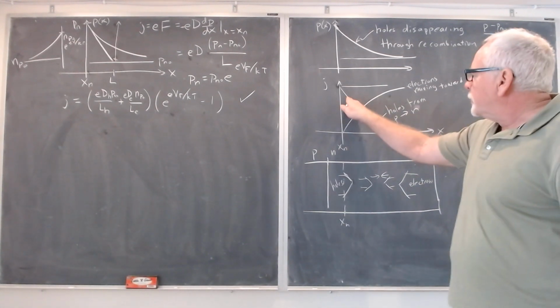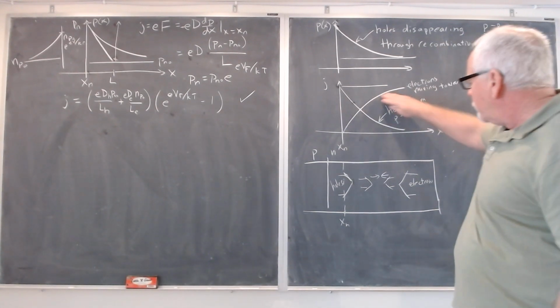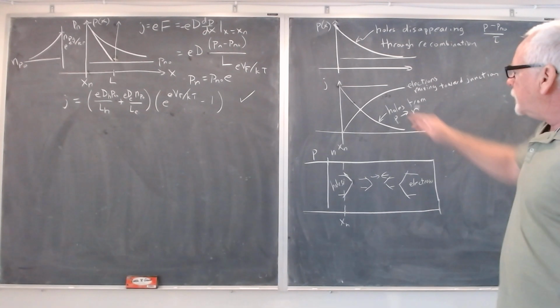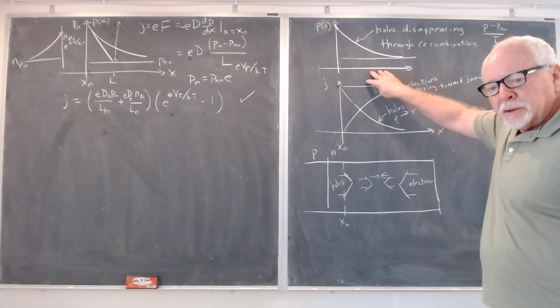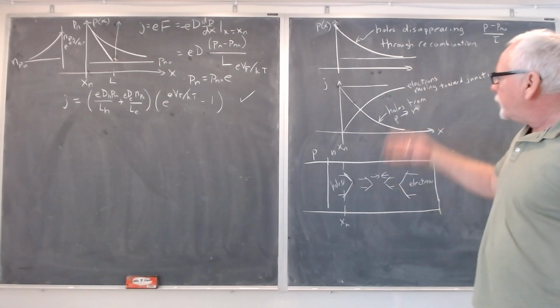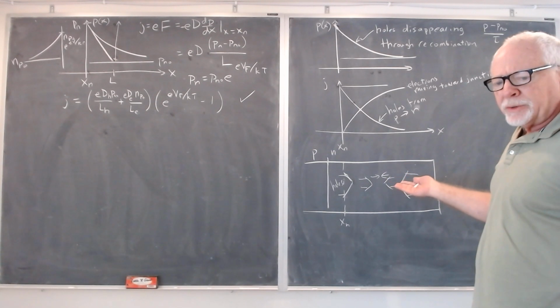Sometimes this is labeled the diffusion current and this is labeled the drift current, and you can see that the sum has to be a constant, because every time a hole goes away, an electron has to go away too.